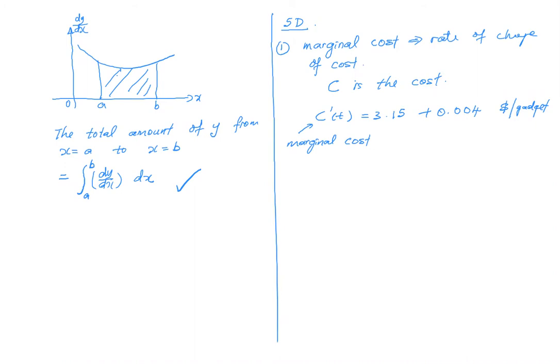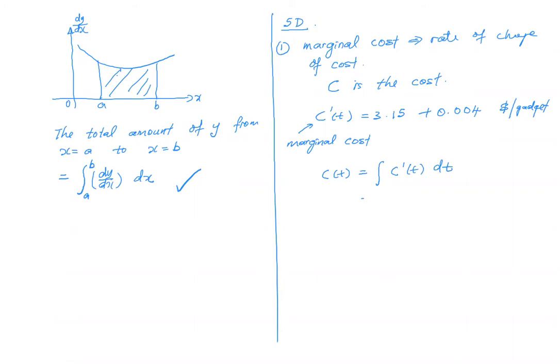So find the total daily production cost. If I want to find the daily production cost, that means I want to find the cost function. So what should I do? If I want the cost function, I should integrate the C prime T. So I will get back my CT, correct?